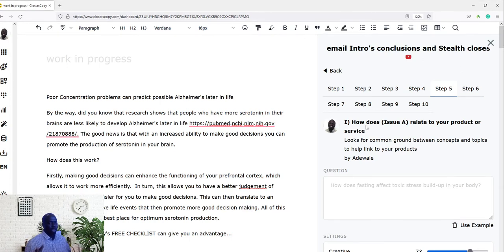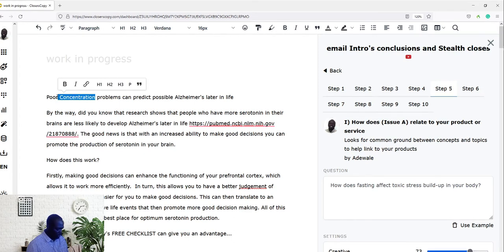Finding common ground gives the person a reason to be more interested, and a desire to sign up. With this workflow, I'll just put the example in. Whoops. How does poor concentration, I think that's what I did.